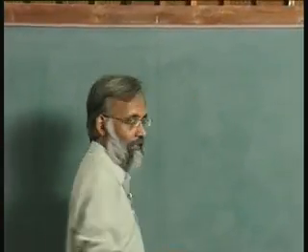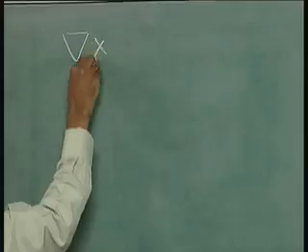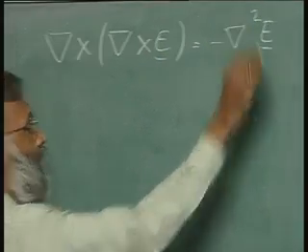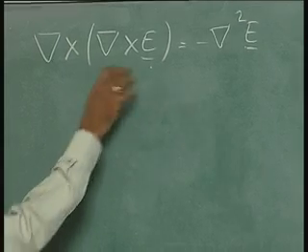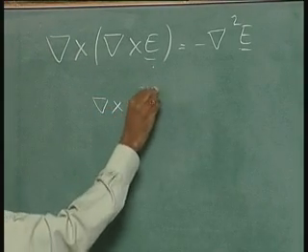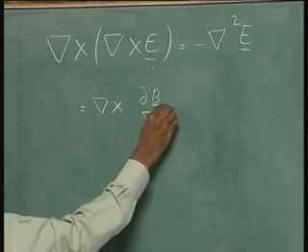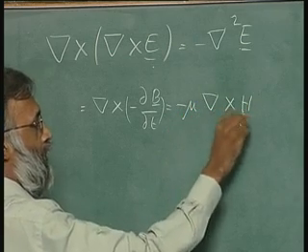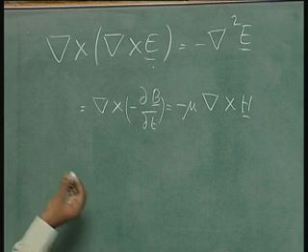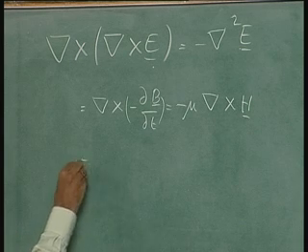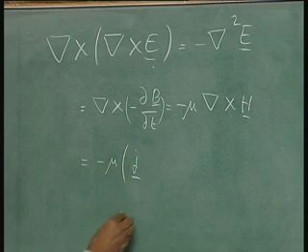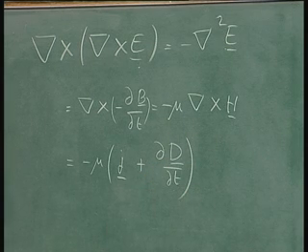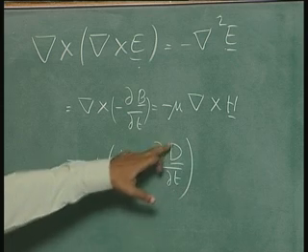So we still have our wave equation, and the wave equation is still curl of curl of E, which is minus del squared E, but applying Maxwell's equation to curl of E, it becomes minus del B del T, which is minus mu times curl of H. Now because it is a material and not a vacuum, curl of H gives me two terms, the current density plus del D del T. Now in skin effect, good conductor, I neglected this term.